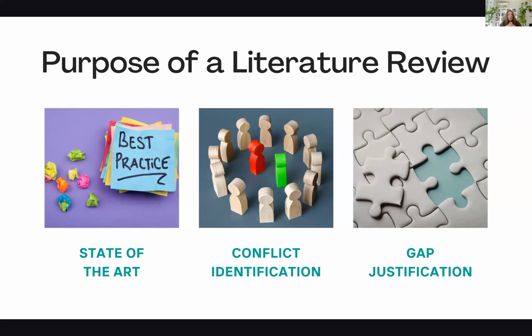And that's exactly where we should focus our attention. So these are the goals of a literature review. Understanding what's being done right now, understanding whether there are any conflicts, and finding any gaps or holes, missing parts in our knowledge. And that's what a literature review should be.